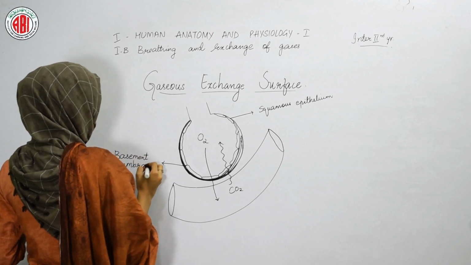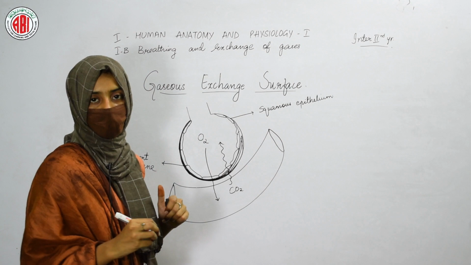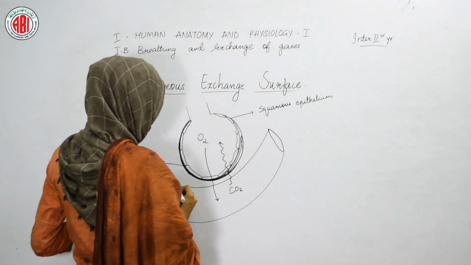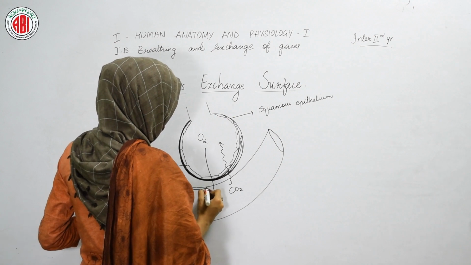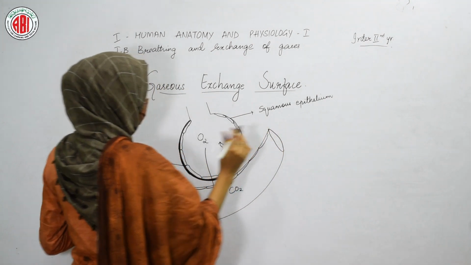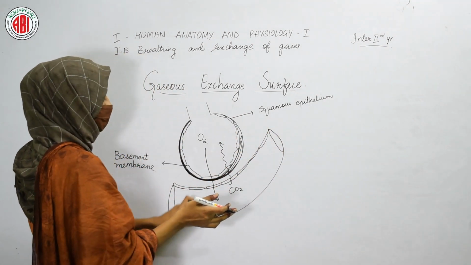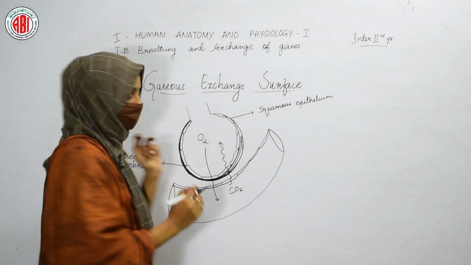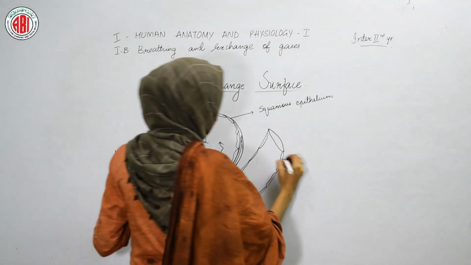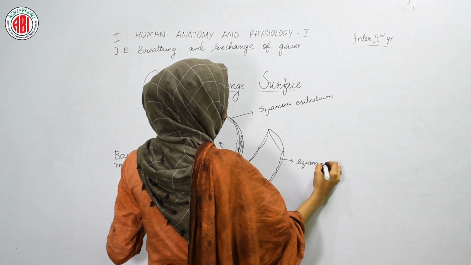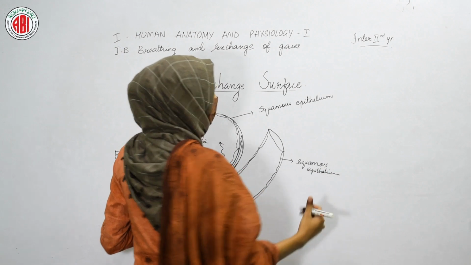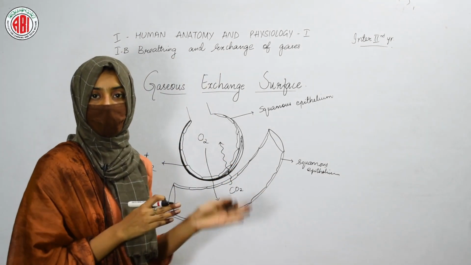And when you see, the blood capillaries are also made up of different cells. Again, the walls of blood capillaries are made up of thin cells. These thin cells are called squamous epithelial cells again. So, the walls of both alveoli and the blood capillaries are made up of thin cells. We call these cells squamous epithelial cells. But the squamous epithelial cells of the blood capillaries are named by a different word.